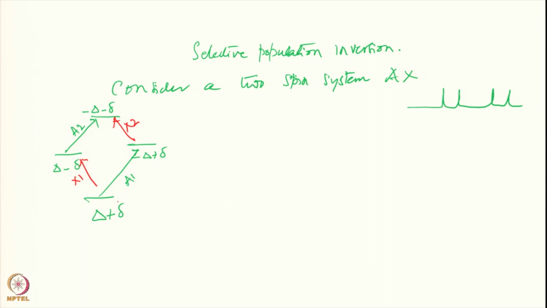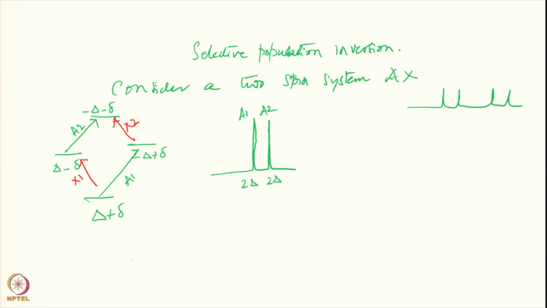Intensity of the A transition is the population of this minus this, so that will be 2 delta. And similarly, the other one also, A2. So if I call this A1 and this A2, both have intensities of 2 delta.